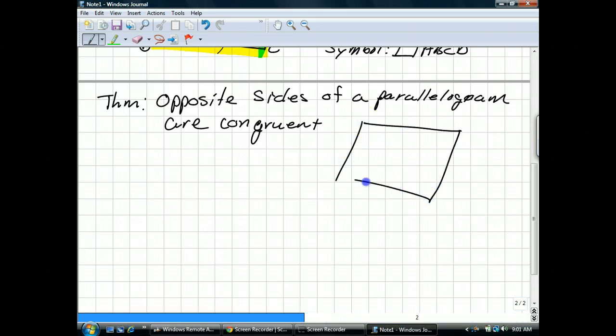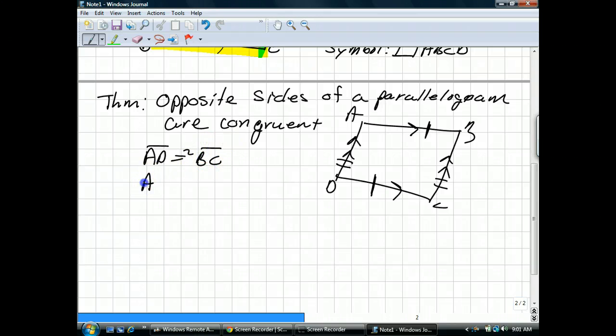So if I have a parallelogram ABCD, I not only know that AB is parallel to DC and AD is parallel to BC, I also know that AB is congruent to DC and that AD is congruent to BC. So I know that segment AD is congruent to segment BC and segment AB is congruent to segment DC.